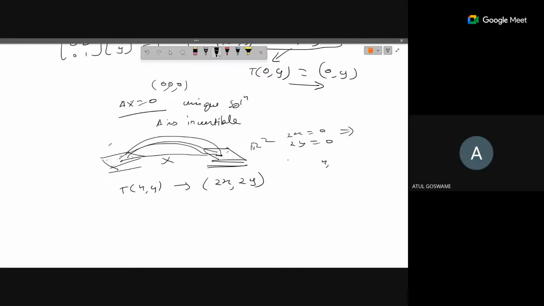This implies x, y are 0, 0, right? So basically this is 0 only when x and y are 0. That means one-one, right? This is one-one. Is it onto or not?